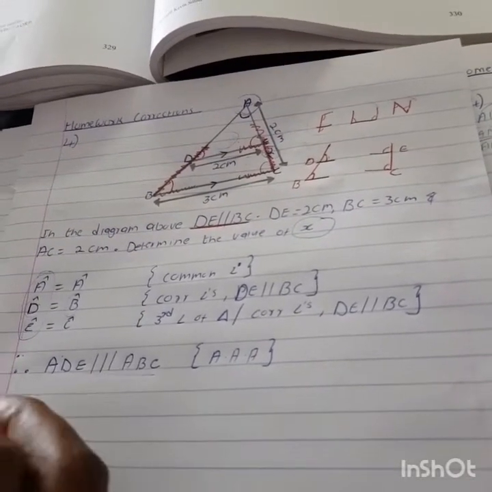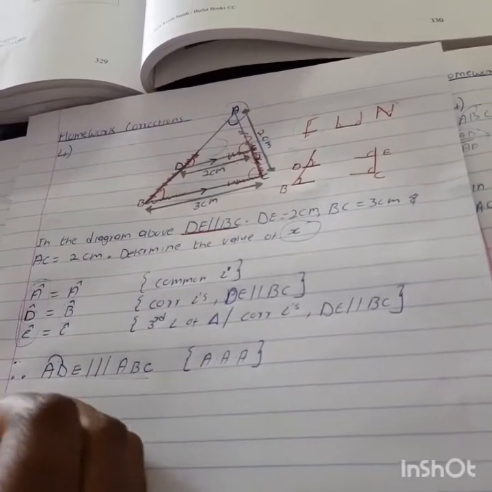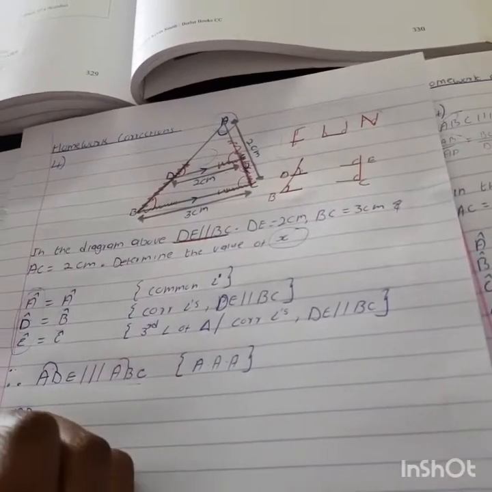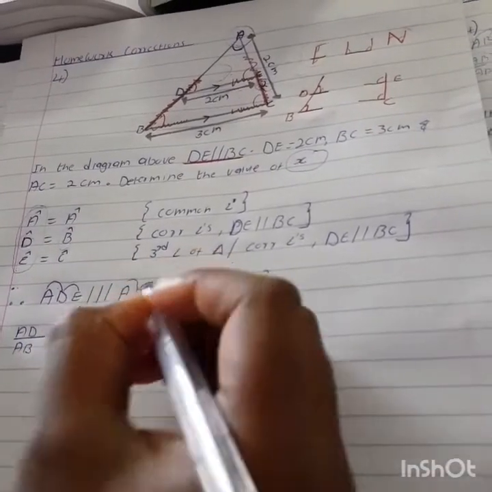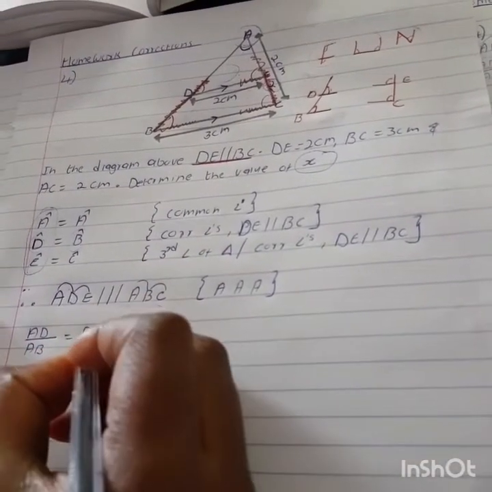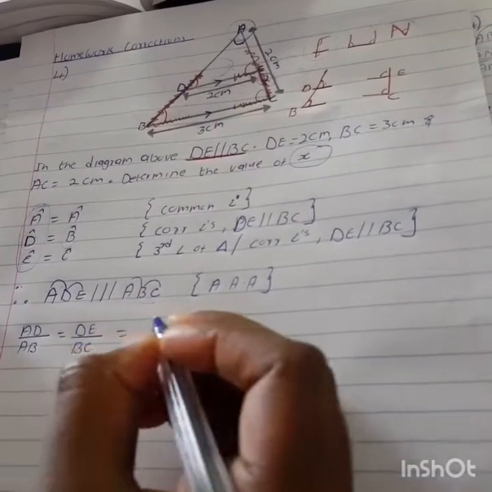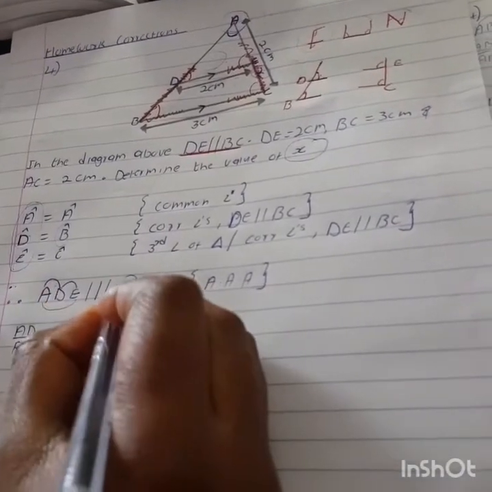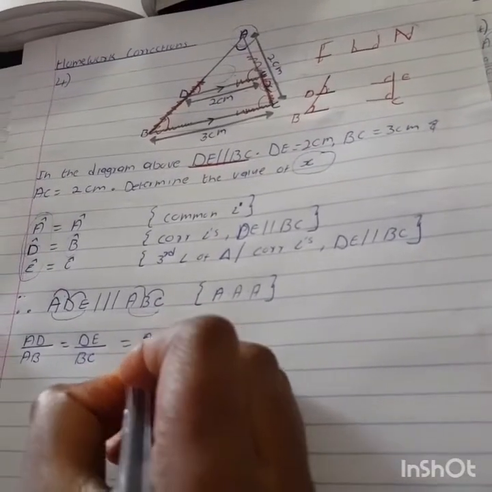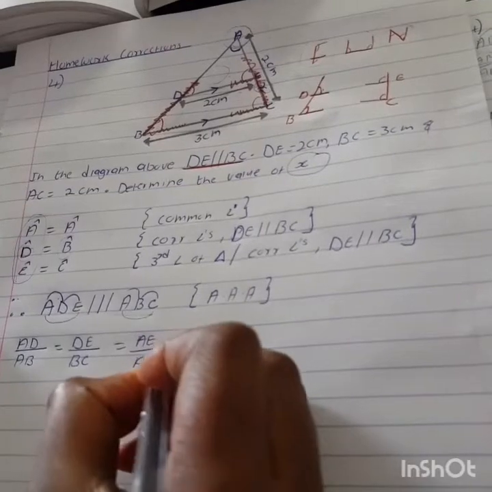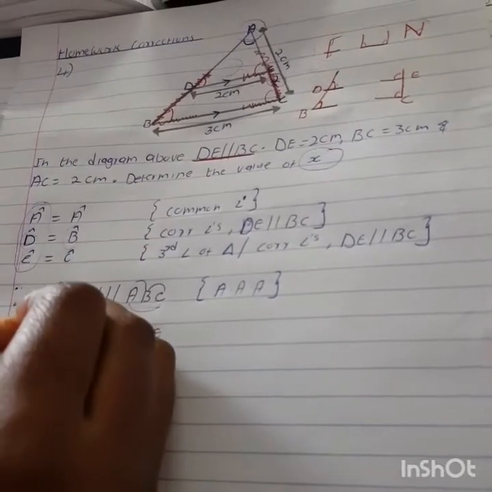So corresponding sides will be AD divided by AB, DE divided by BC, and AE divided by AC. You see, so let me just use the red pen so that you can see what I was doing there.